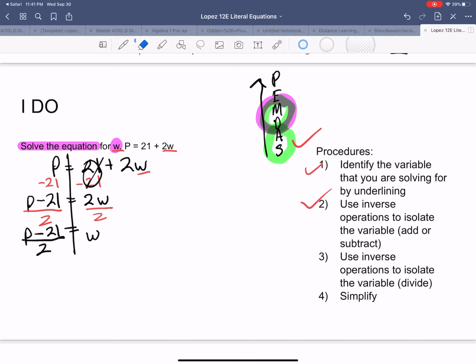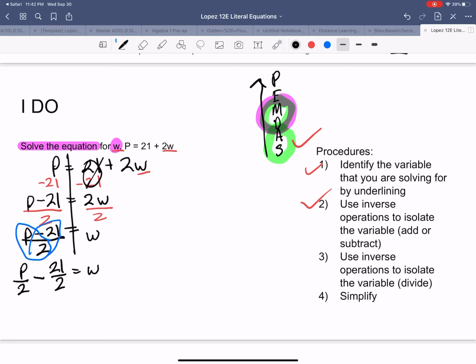Now you could go ahead and further simplify it if you want to. The reason why I probably will stop here is because this can get a little ugly if it does not simplify nicely. So again, using our circling method to show what we're going to divide, we end up with P divided by 2 minus 21 divided by 2.